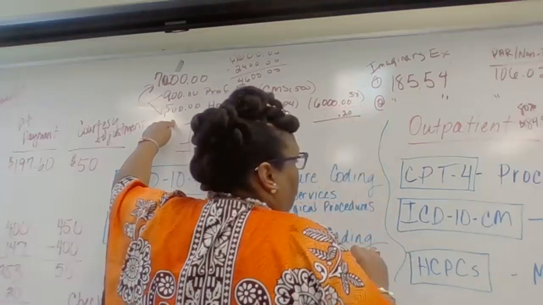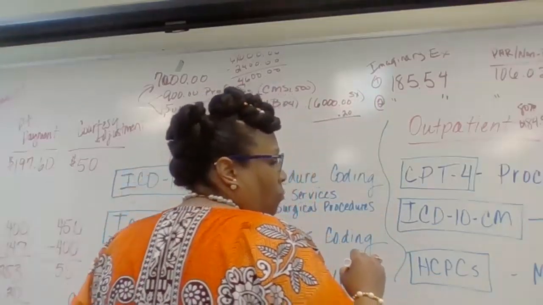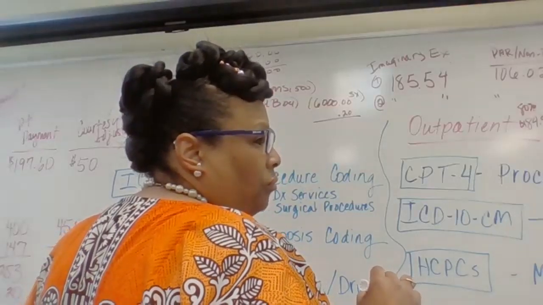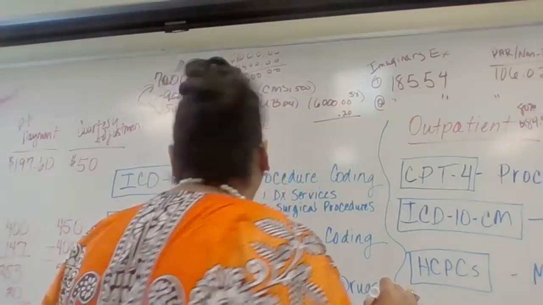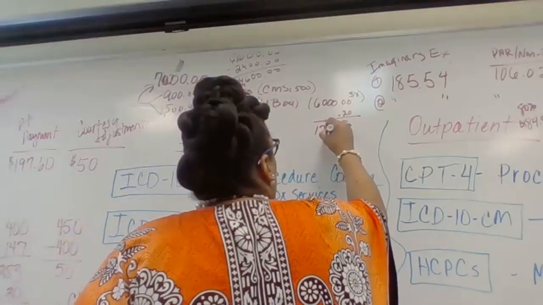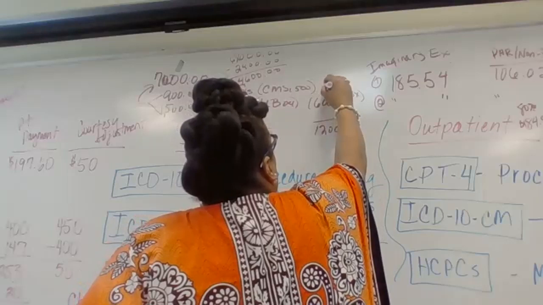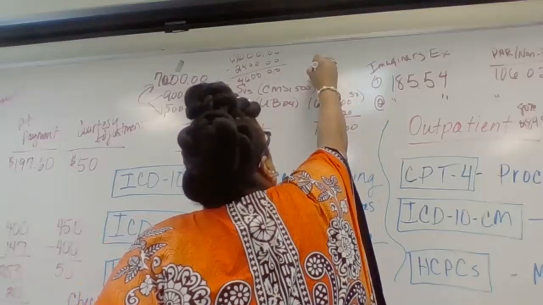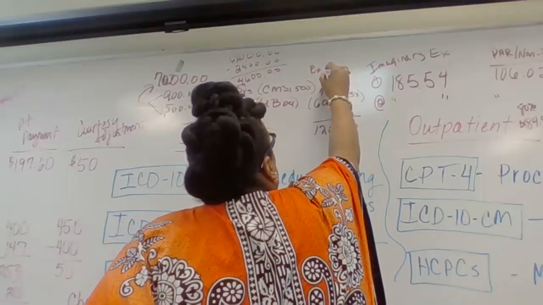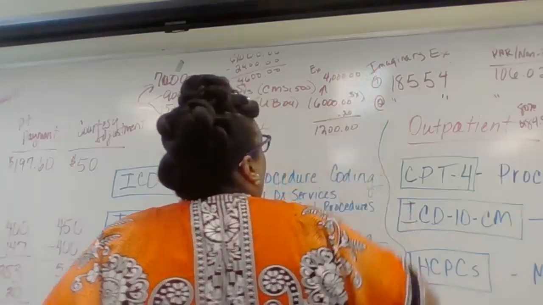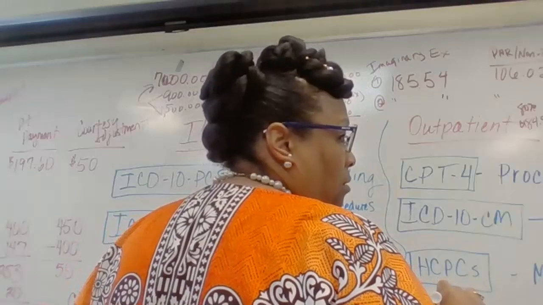What is that? $1,200. Now, let's suppose, by example, that the hospital is going to pay $4,000 out of the 6,000.